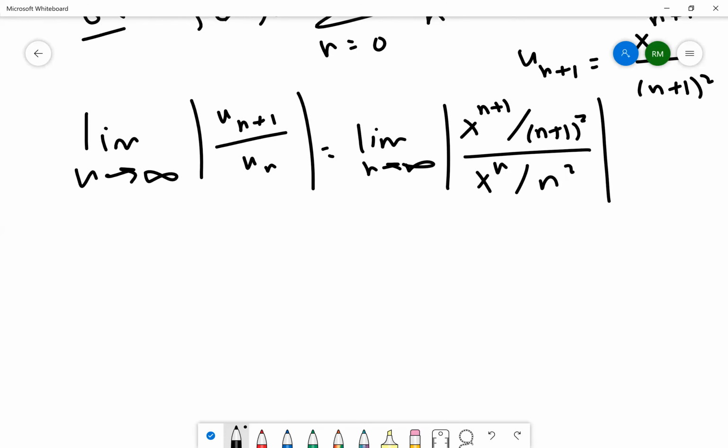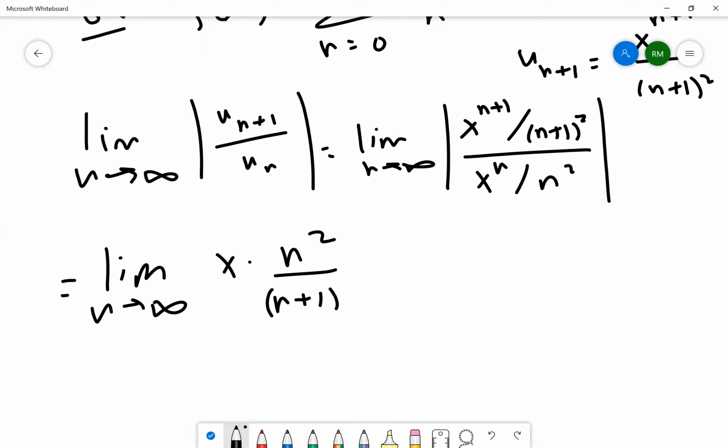If we simplify that a little bit, we get x times n squared over n plus 1 squared. We take out an absolute value of x.